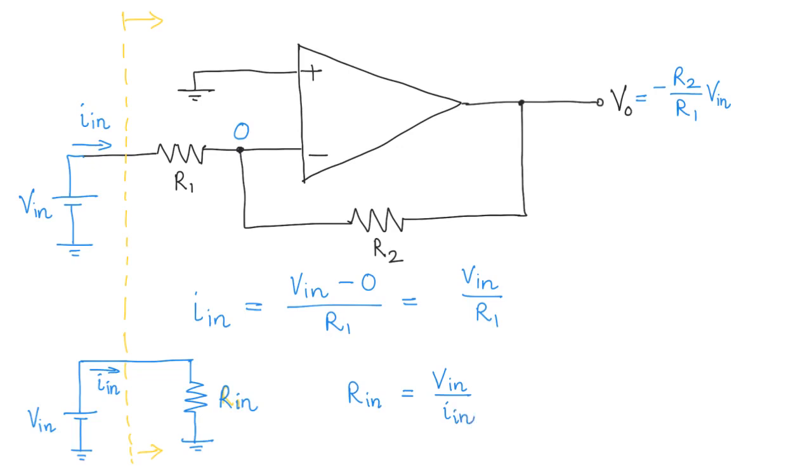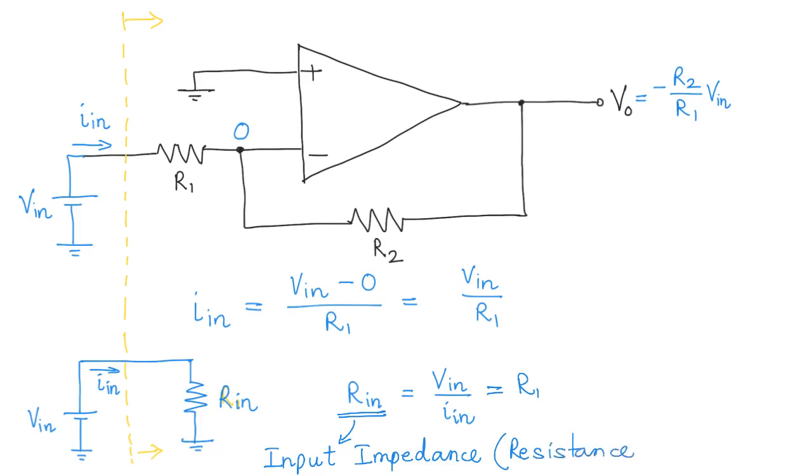And for our inverting amplifier, this Rin is again Vin over Iin, and Vin over Iin, you can see from here, is simply equal to R1. Now this Rin is called the input resistance, or input impedance, to be more general. Input impedance, or you can also call it input resistance.